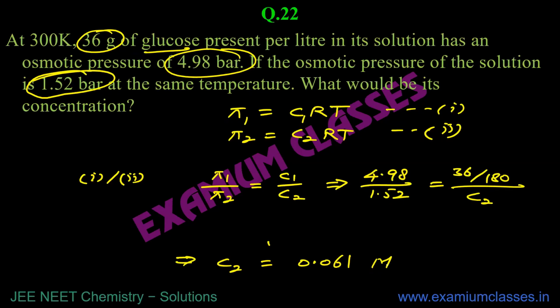If you apply the direct formula, you will use the value of R as 0.0831, but when this experiment was done, R was not exactly 0.0831. So that's why the difference in the answer. But here, because R and R will get cancelled, you don't bother about R, whatever value is there. You are just following what is given in the question.